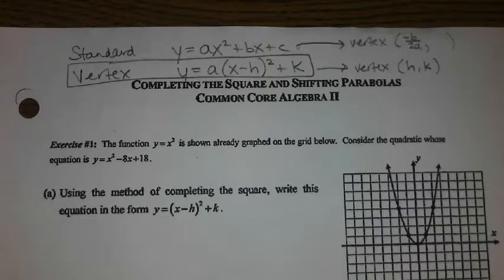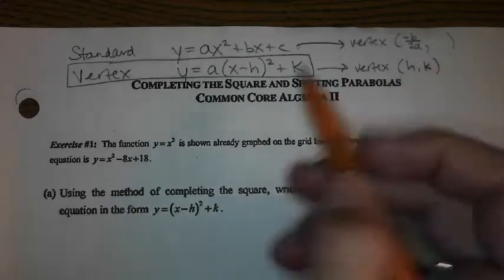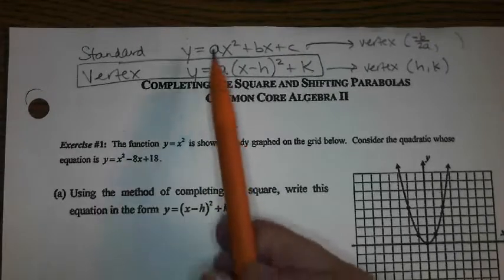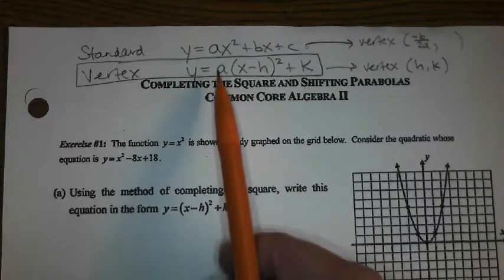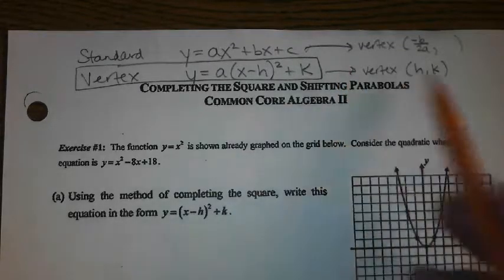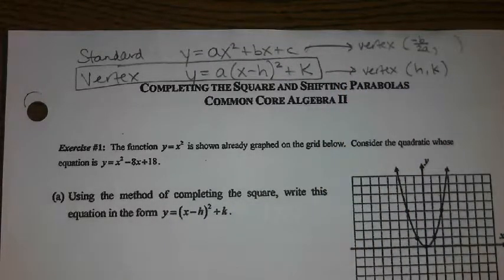So if we have it in vertex format, it is so much easier just to look at it and say, that's h, k, that's my vertex. Your a values do the same thing. Okay, if it's positive a, it opens up. If it's negative a, it opens down. So that does the same thing, but vertex form just flat out gives you the vertex pretty much, whereas standard form, we had to solve for it.